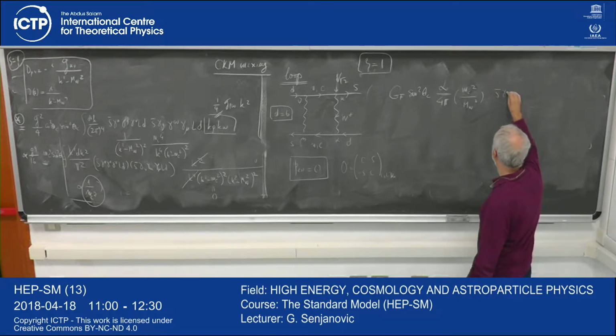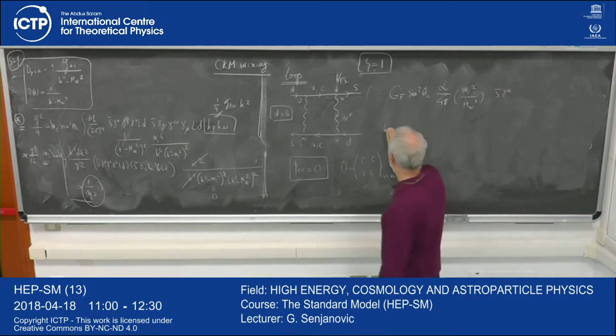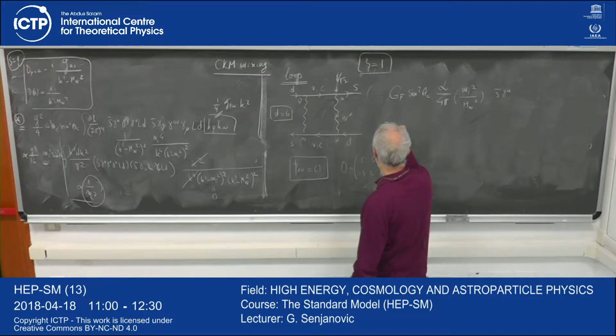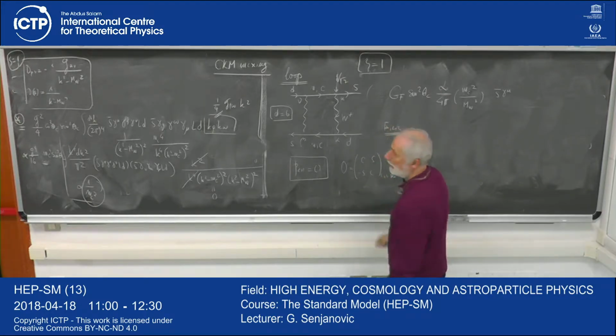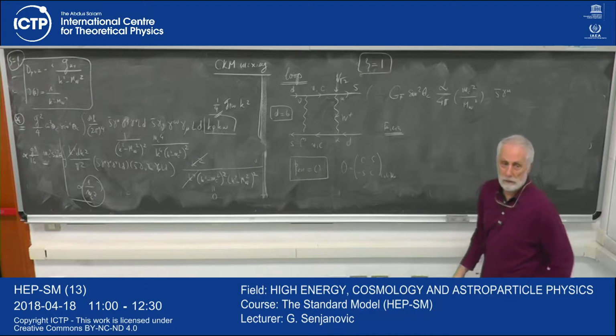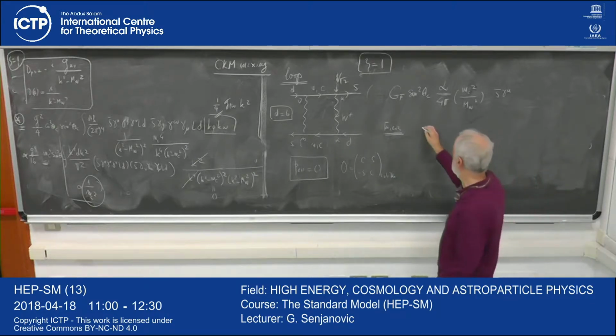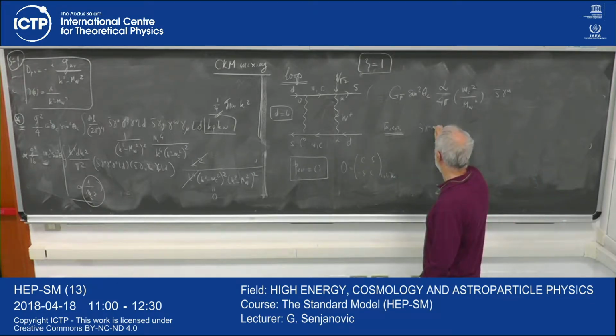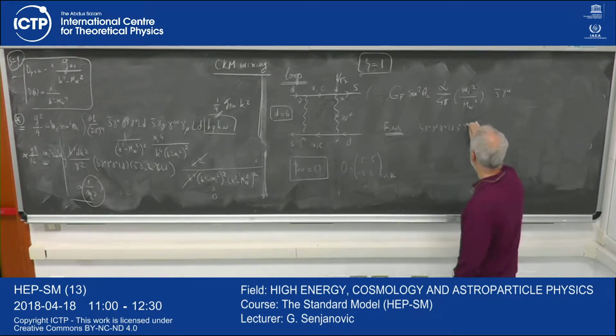Now there is something which is called Fierzing. This is not trivial, but a number of books do that. Cheng and Li do it, for example: s bar gamma mu gamma alpha gamma nu L d, times s bar gamma nu gamma alpha gamma mu L d.